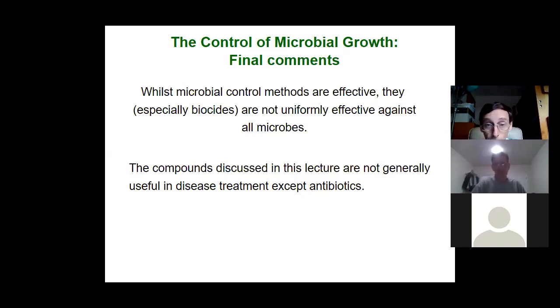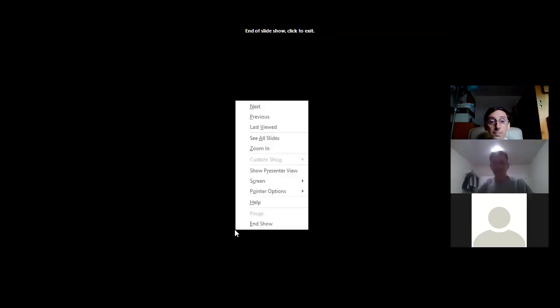So don't go out and treat yourself with a disinfectant by drinking it, because that would be toxic, okay? Meaning they are good for treating surfaces and objects, but you can't take them internally. The exception are the antibiotics, okay? Any question about any of that?